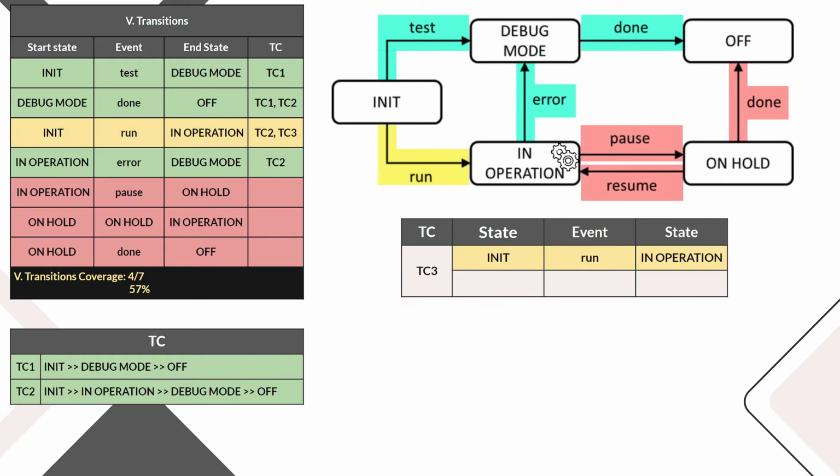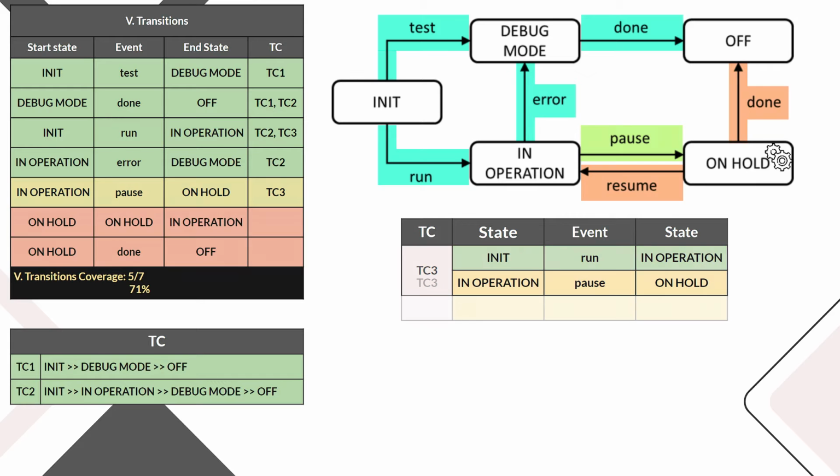We are again obliged to start from the init state, and thus retest the already tested transition. The second step of the test case is to cover an as yet untested transition, from in operation to on hold. Thus the system is in the on hold state, from which we have 2 options for transitions.